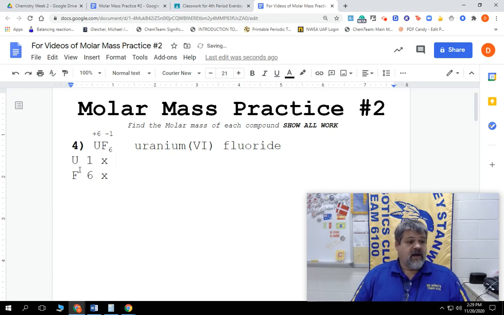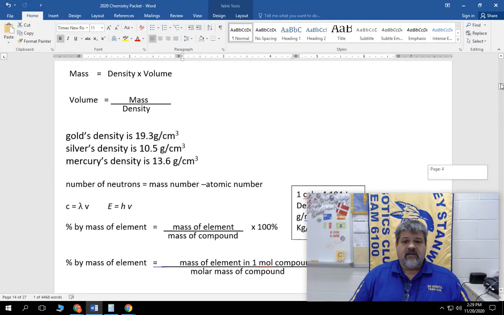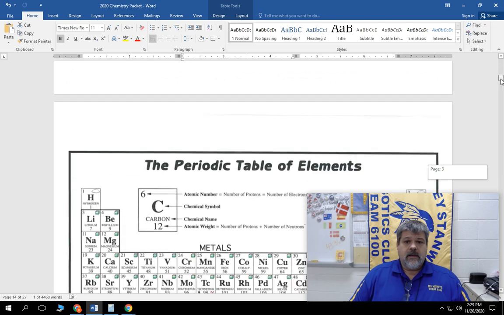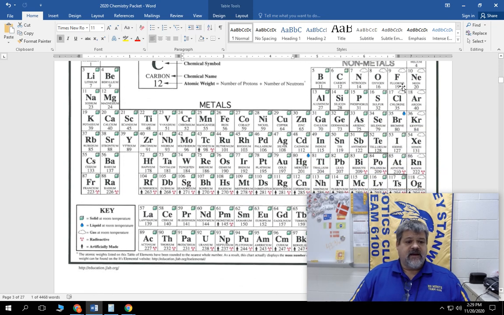And so we got to find uranium and fluorine. I don't know either. Well, I do know fluorine. But let's go ahead and look at the periodic table and figure that out. We can see that we have fluorine right here is 19. Uranium is all the way down here, which is 238.